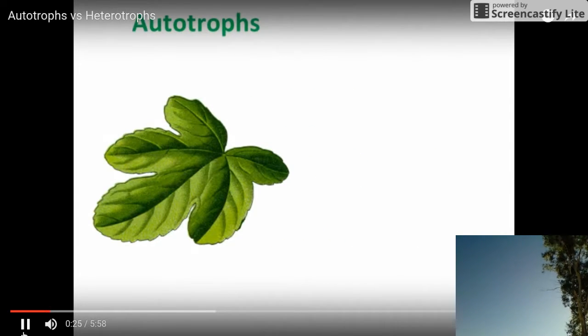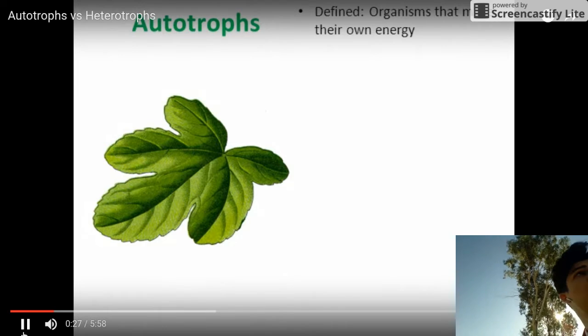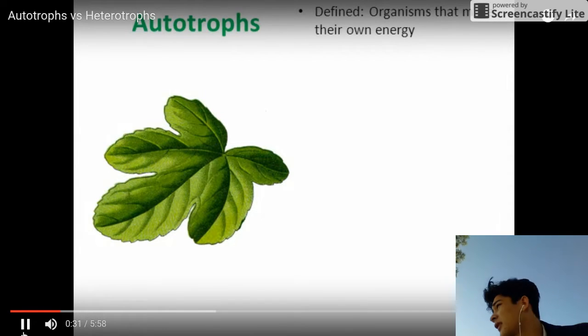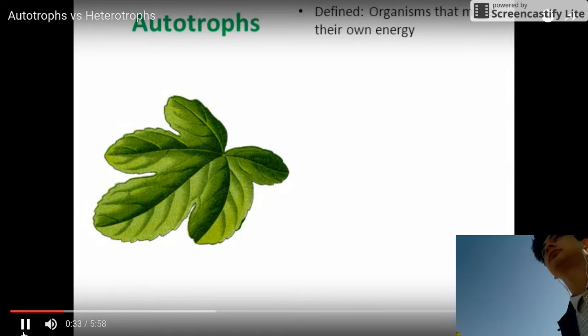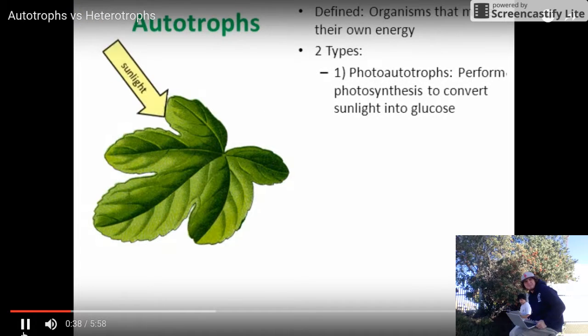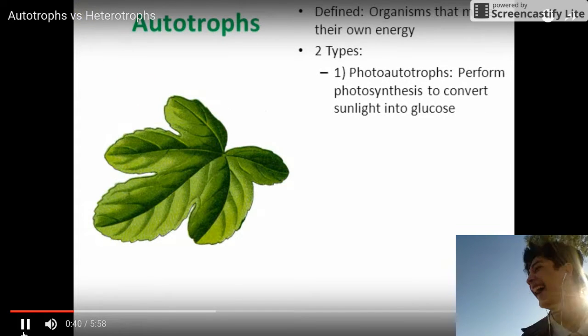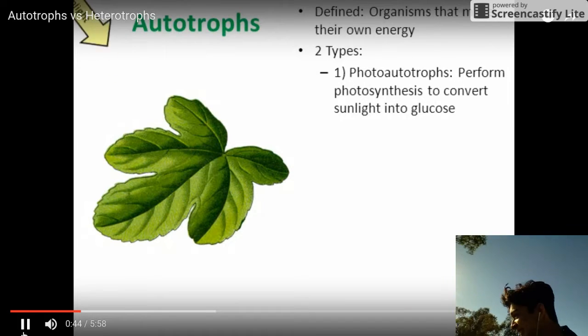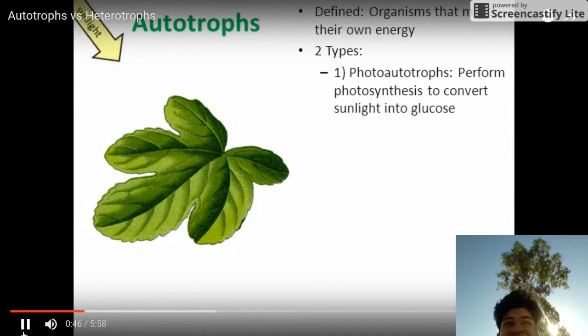So autotrophs, when you look at the basic definition of an autotroph, they are organisms that can make their own energy. Now there's two kinds of autotrophs. However, one of them we're more familiar with, and one might be a little mysterious. So the first type of autotroph I have to mention are called photoautotrophs. These are the ones that use sunlight to do photosynthesis. Plants are a great example.